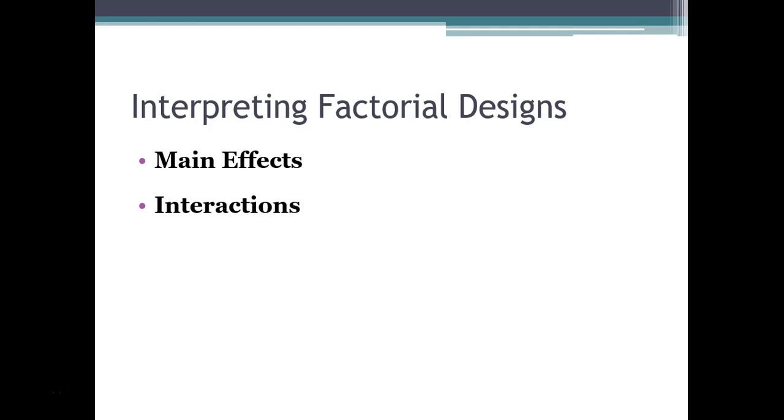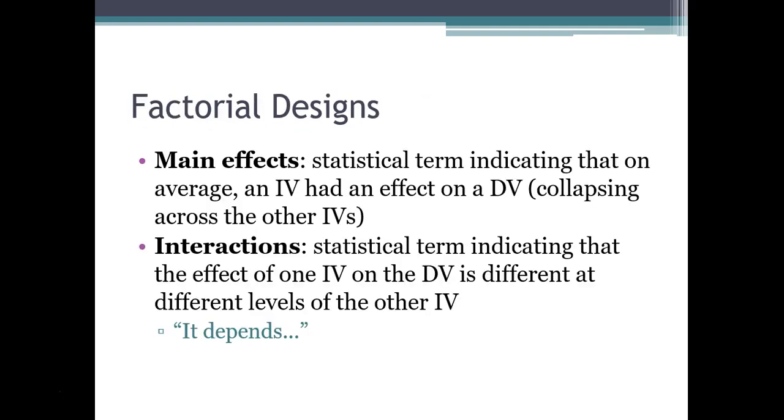Now, how do you interpret factorial designs in SPSS and by hand? Basically, when we look at factorial designs, we're looking for what we call main effects and interactions. The definitions are complicated.